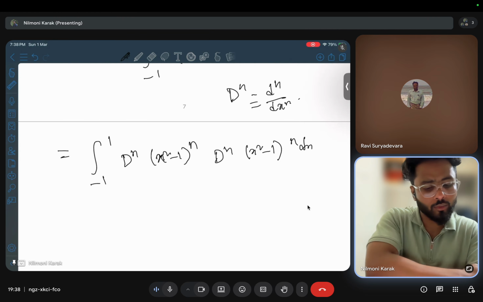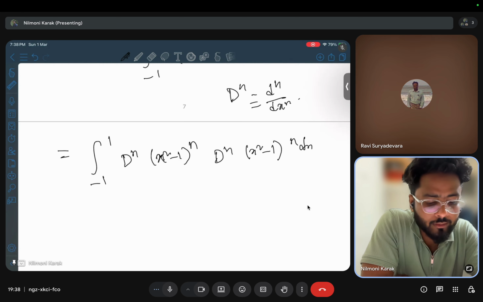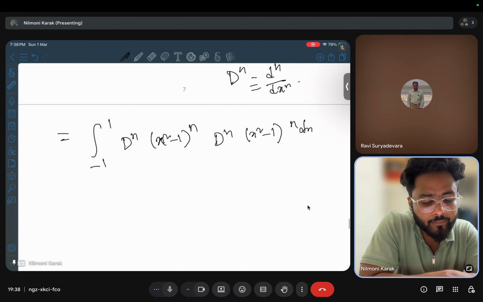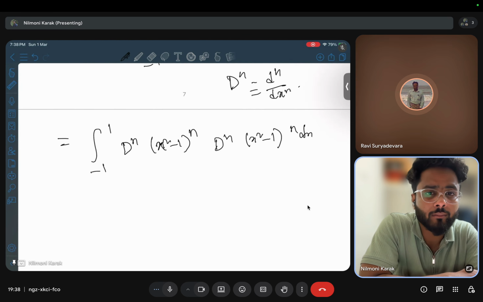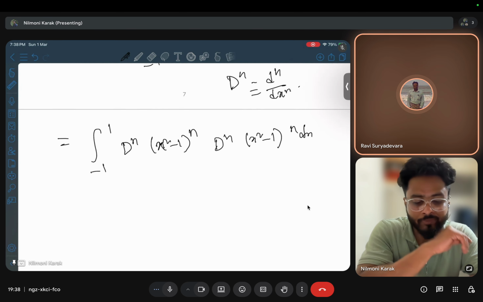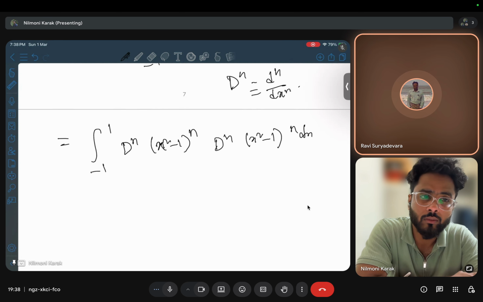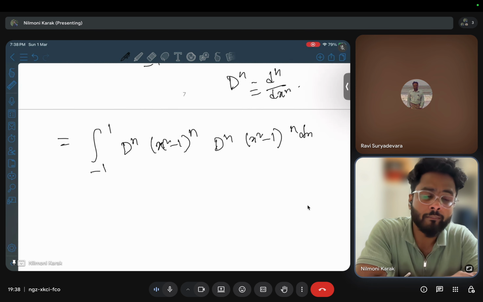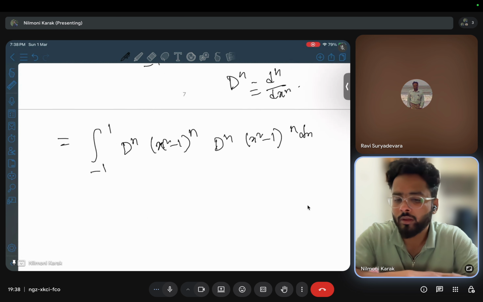So now your answer should be a function of n only, because you are integrating with respect to x. The number is of course dependent on n only.